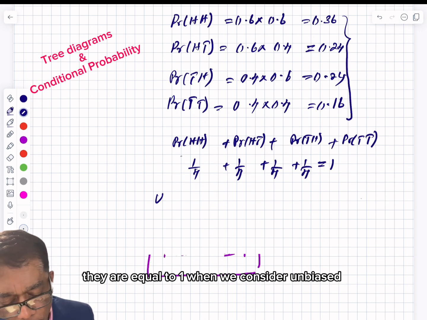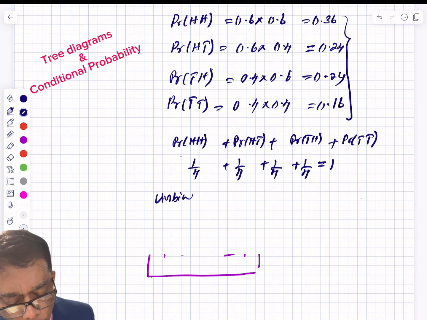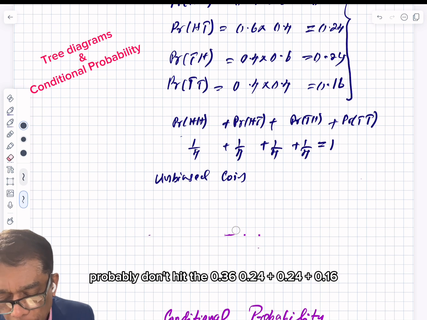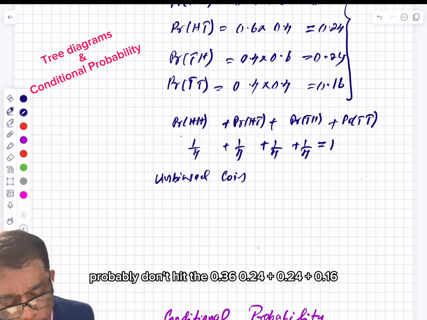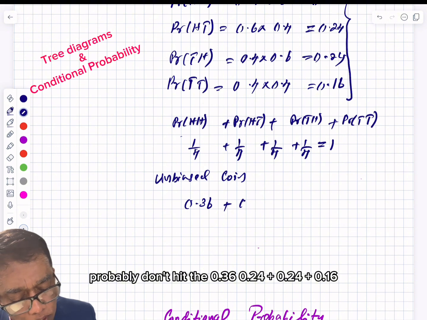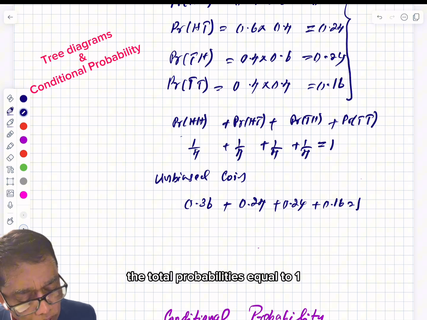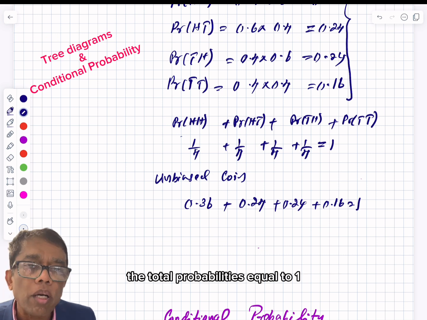When we consider the biased coin, what is the total probability? 0.36 plus 0.24 plus 0.24 plus 0.16. The total probability is equal to 1.